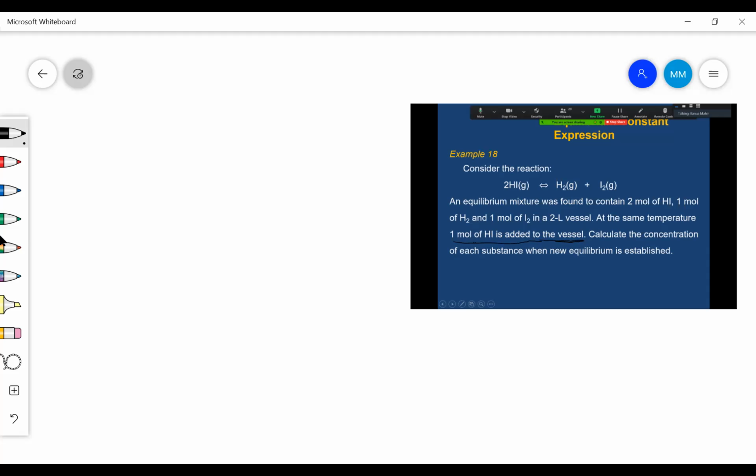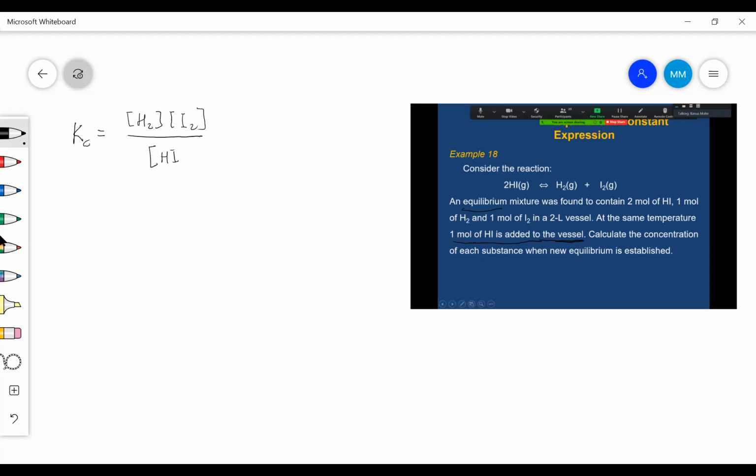So what we are going to do here, we are going to find out first the Kc for the first reaction, and from the first information we can get the Kc because it is already at equilibrium, isn't it? So Kc will be equal to the concentration of H2 times the concentration of I2 divided by the concentration of HI squared.